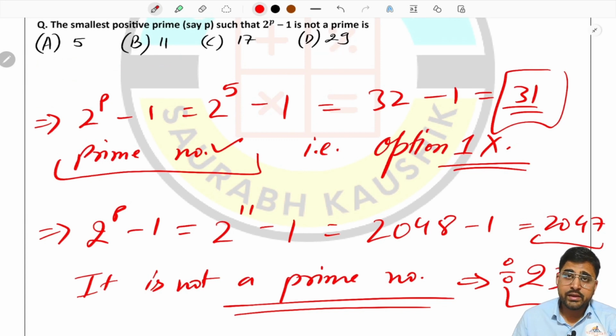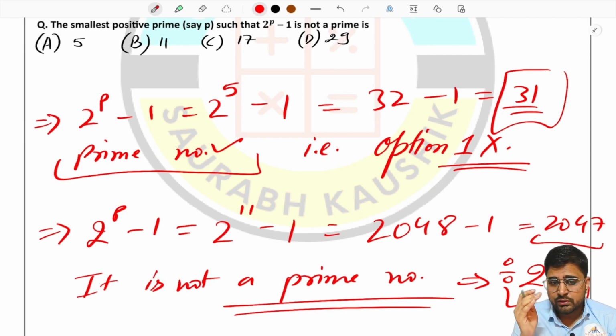Otherwise, they become very tedious to solve, and you take 5 to 10 minutes. So it is always advisable to attempt questions in such a way that if you can solve the question in 2 or 3 minutes, that's good. If it takes more than 5 or 10 minutes, avoid it, leave that question, don't waste your time. So if you get the answer from these two, very good.